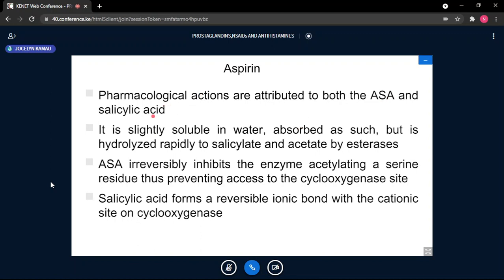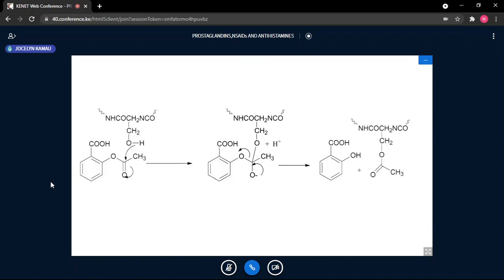So there is double activity, and that is what brings about the activity of aspirin. It is highly soluble in water, absorbed as such, but is hydrolyzed rapidly to salicylate and acetate by esterases. Salicylic acid forms a reversible ionic bond with the cationic site on cyclooxygenase. So that one acts normally, but acetylsalicylic acid will acetylate the enzymes.